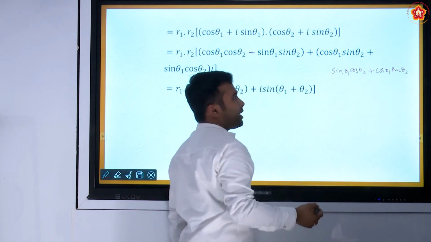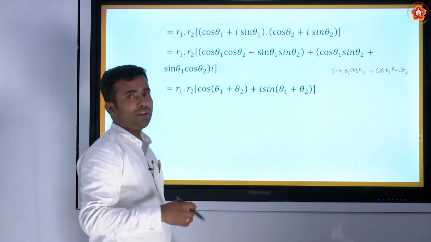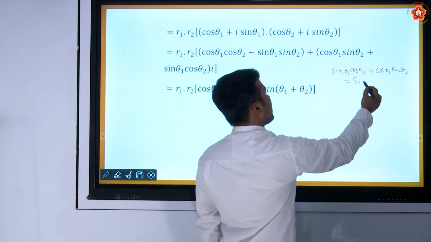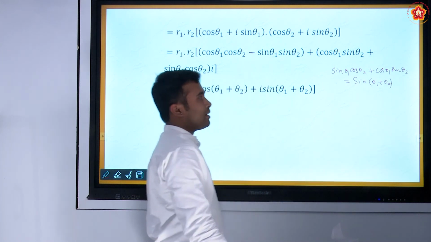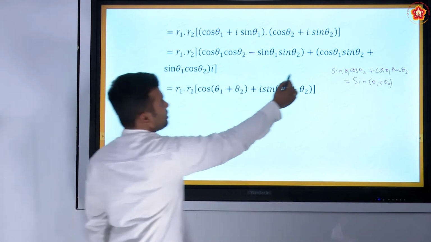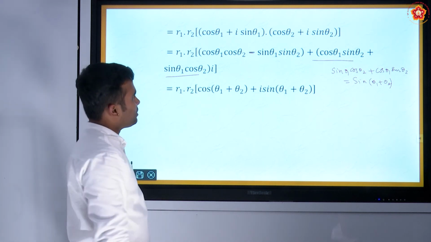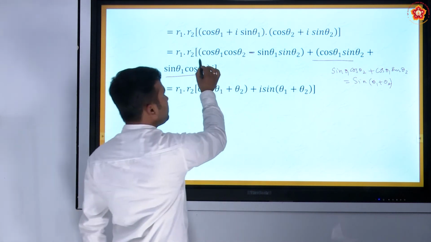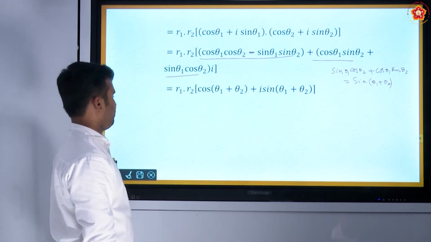Sin A cos B plus cos A sin B will be equal to sin of A plus B. So this can be written as sin of theta 1 plus theta 2. We have used the formula here. So this one is sin of theta 1 plus theta 2 with i here, and this one is cos of theta 1 plus theta 2.